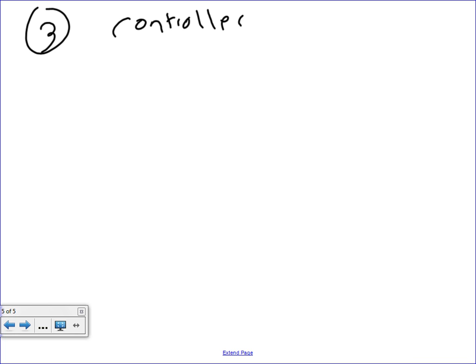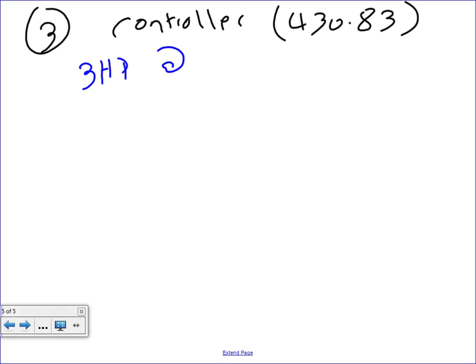To size the controller, go to 430.83. If you go to 430.83, it tells you to size the controller based on the voltage and the horsepower. Let's go ahead and do it. The first one is 3 horsepower at, what's the voltage? 240 volt.